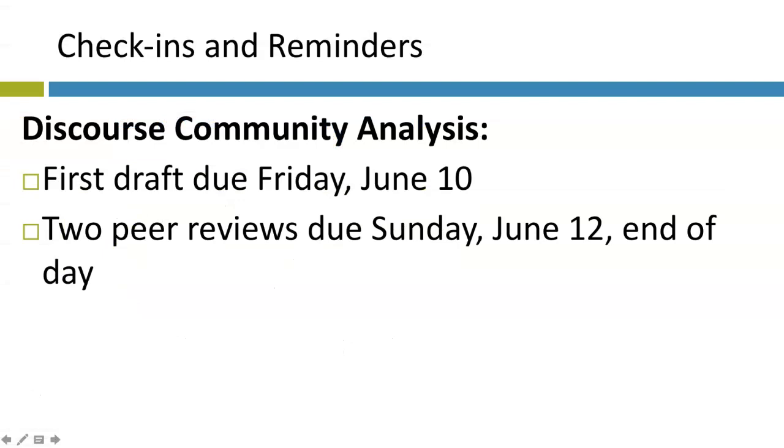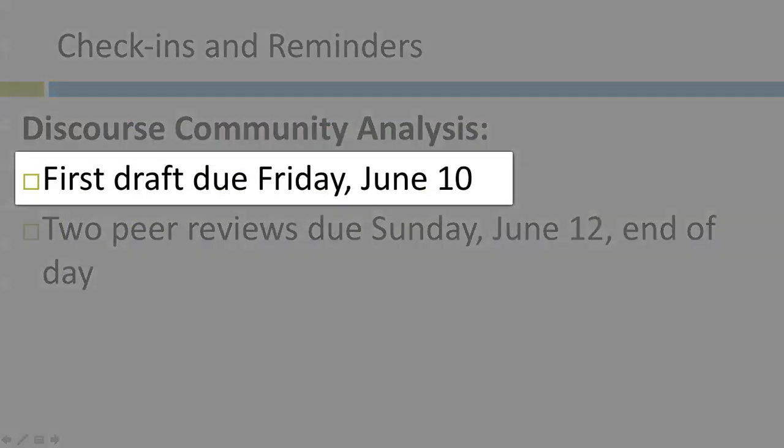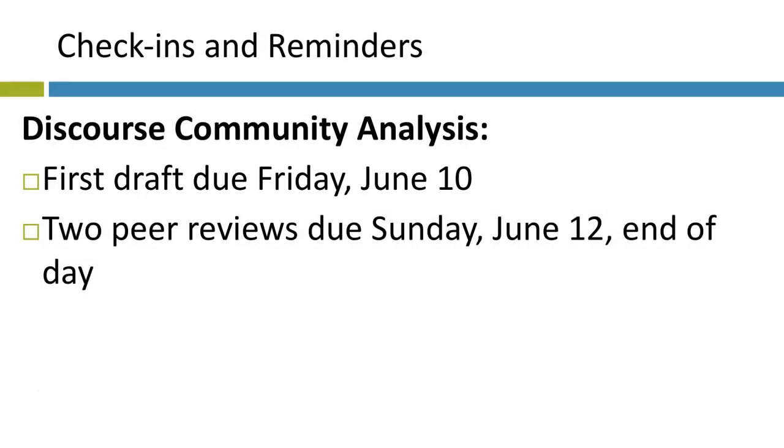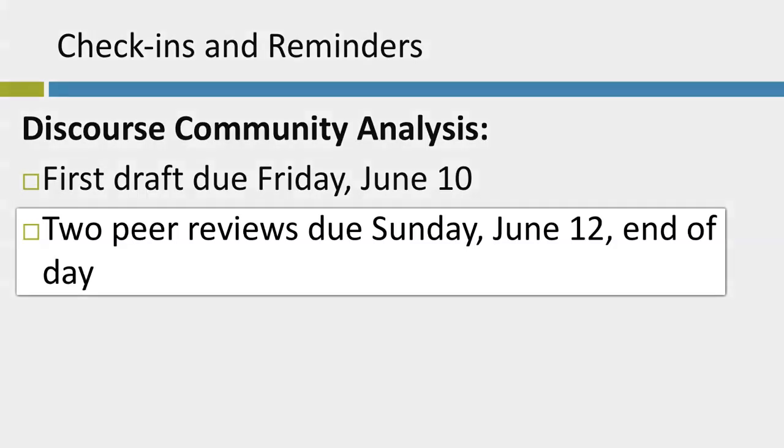In terms of check-ins and reminders, your first draft of the Discourse Community Analysis will be due Friday, June 10th, and it will be due at the same time as our seminar is normally held on Fridays.